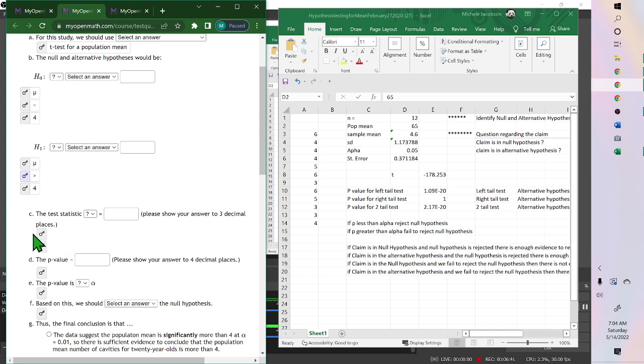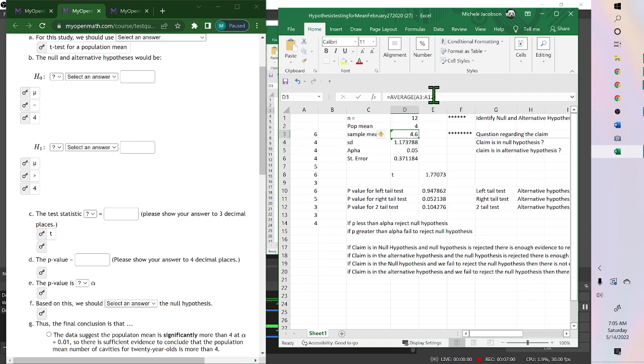The test statistic will be t, because we said it's a t-test. And then we need to find the value. Population mean comes from the null and alternative hypothesis, so it's 4.